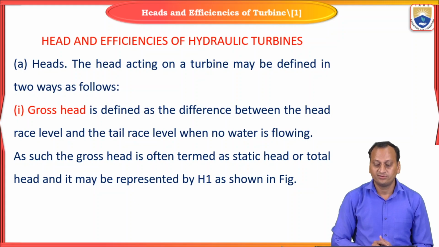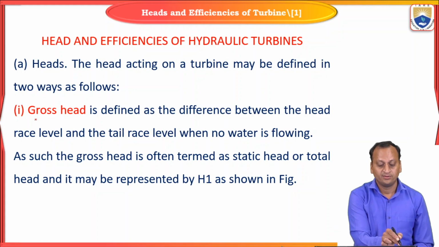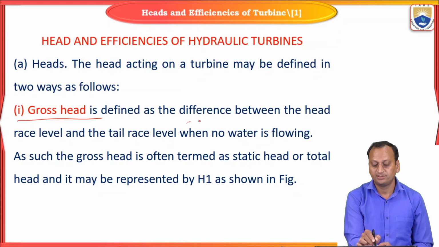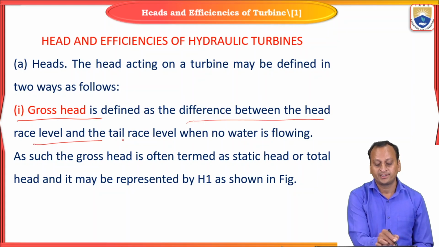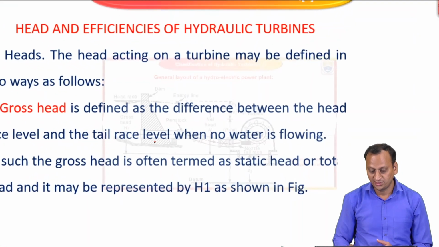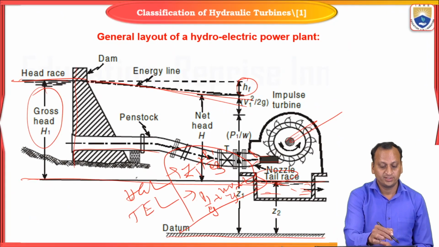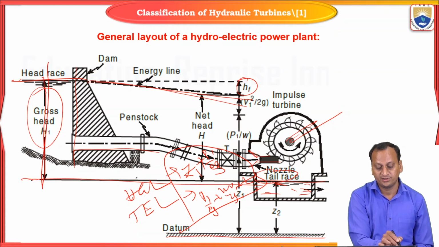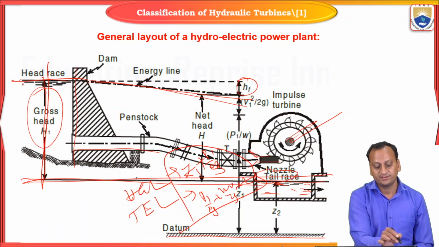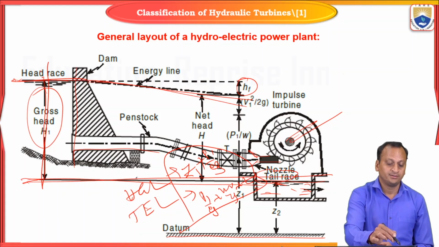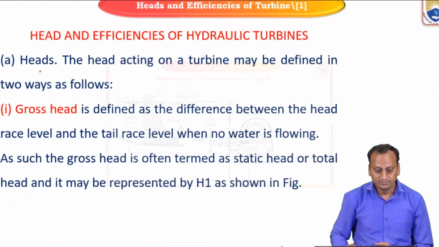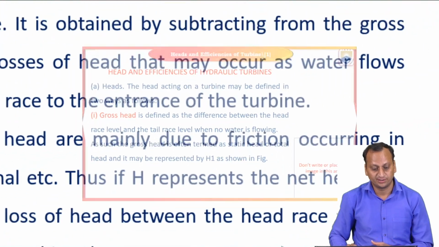The head and efficiency of hydraulic turbines. We use the gross head. The gross head is defined as the difference between the head race level and tail race level, as we have seen in this picture. This is the water level in the tail race, and this is the water level in the reservoir. The difference between these two is the gross head.